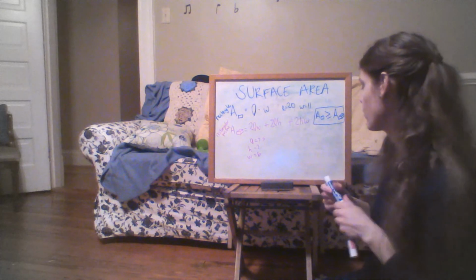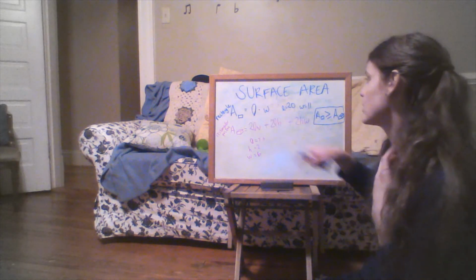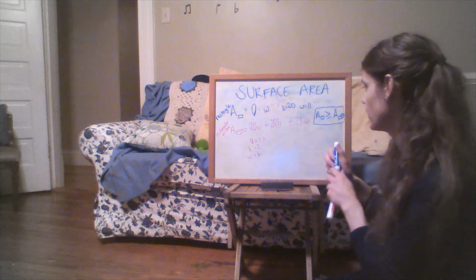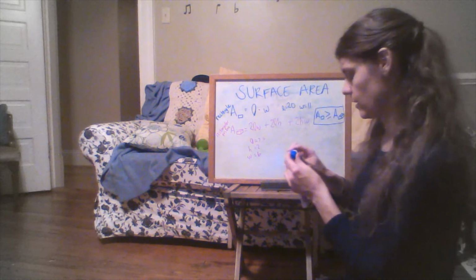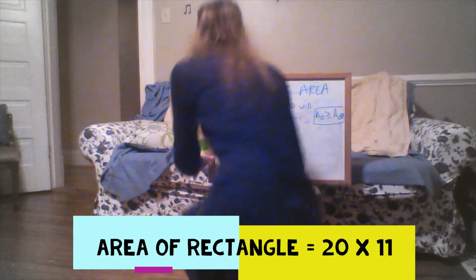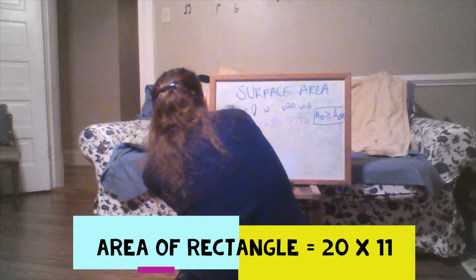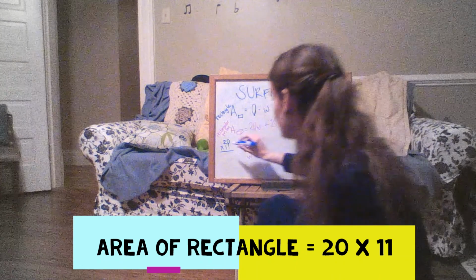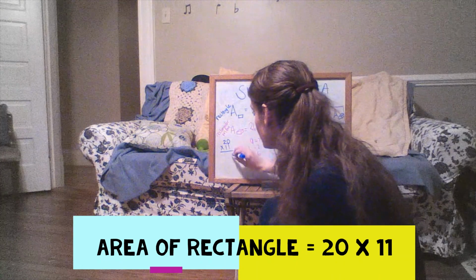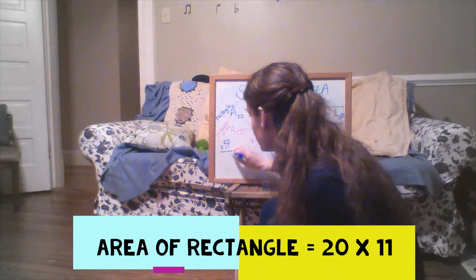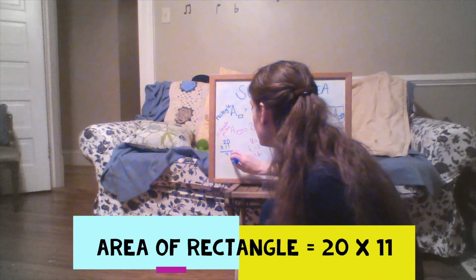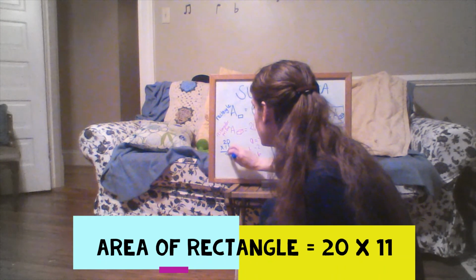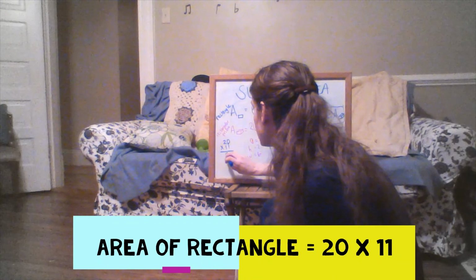Alright, and so now we're going to crunch our numbers. So we've got 20 by 11. 1 times 0 is 0, 1 times 2 is 2, placeholder, and then the same thing.